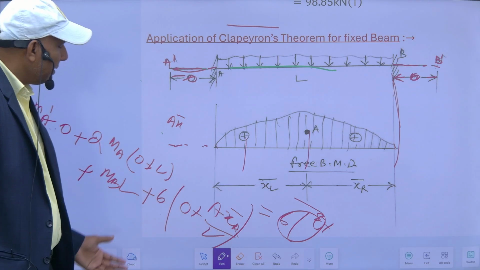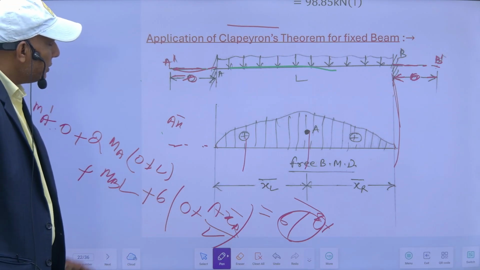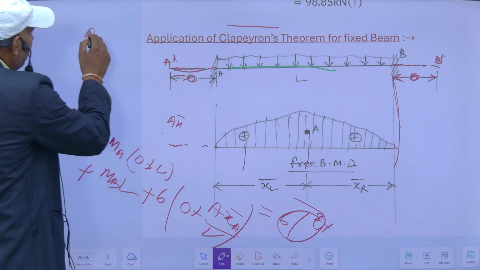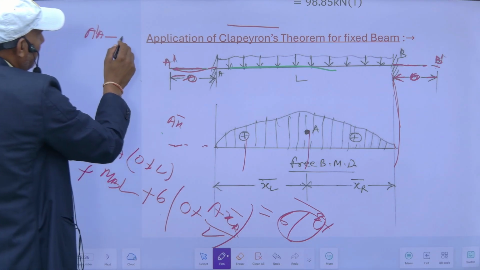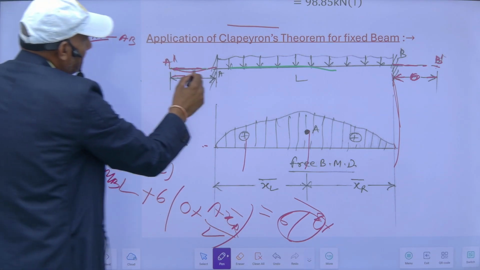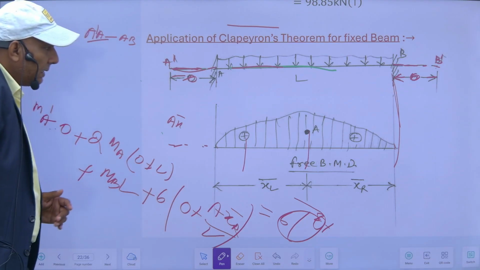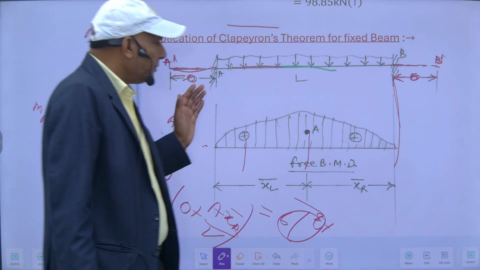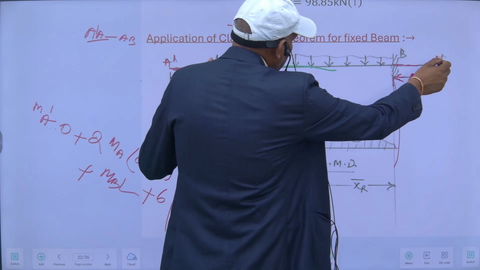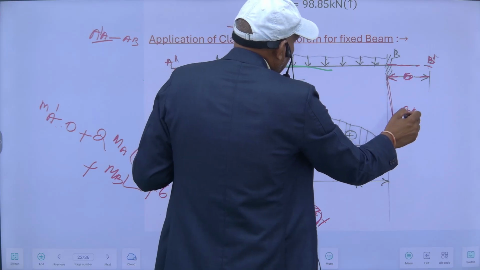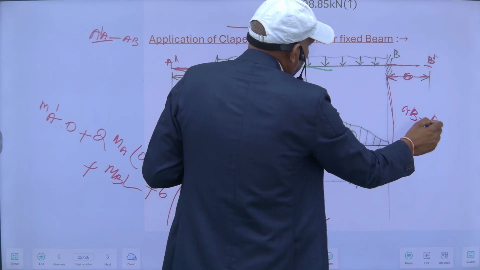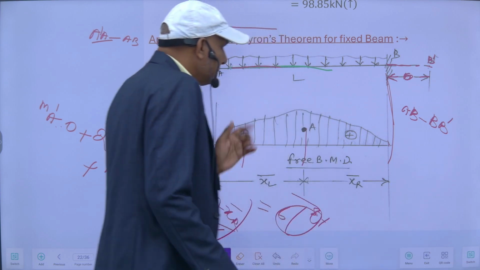So, this way I will apply the three moment equation for A dash A and A B, these two spans. Then similarly, I will apply the three moment equation for these two spans, A B, one span this, and B B dash.